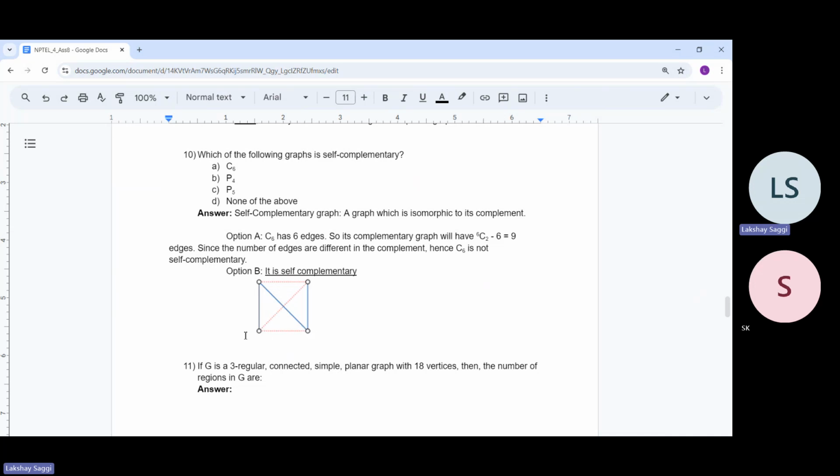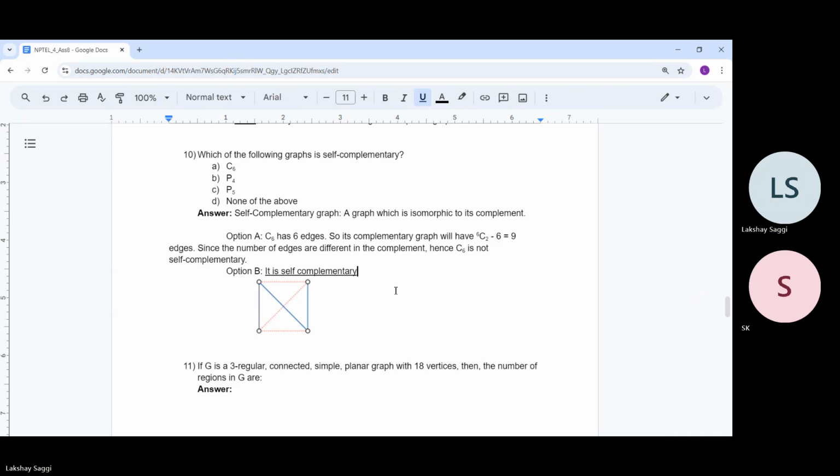Because these edges are absent in the original graph, so they should be present in the complement graph. And note that this graph is again P4 itself. This red graph is also a path on 4 vertices. So both are P4. So we can always label the vertices for this graph such that it becomes equivalent to this graph. So that's why it is self-complementary.